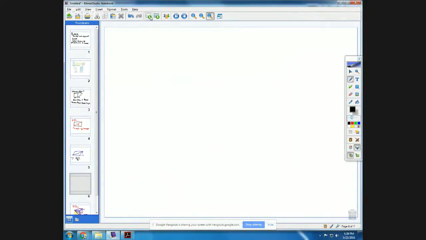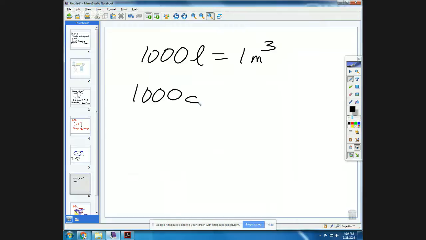And then if you take those 2 pieces of information and think about it a little more, again, we've got 1,000 liters in 1 meter cubed. We've got 1,000 cubic centimeters in 1 liter. And anybody remember what milli means in the metric system? Milliliter versus liter? It's a thousandth.